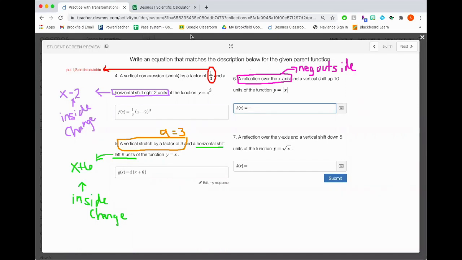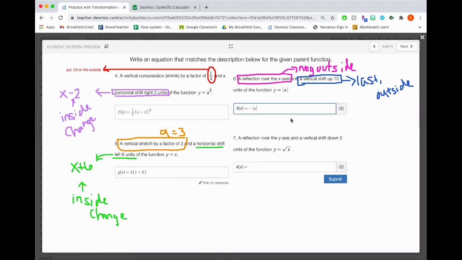And then my only other transformation is a vertical shift up 10. This happens last, and it's outside. So I'm going to put my parent function in. So I'm going to have absolute value of x. I'm going to add 10 to that.